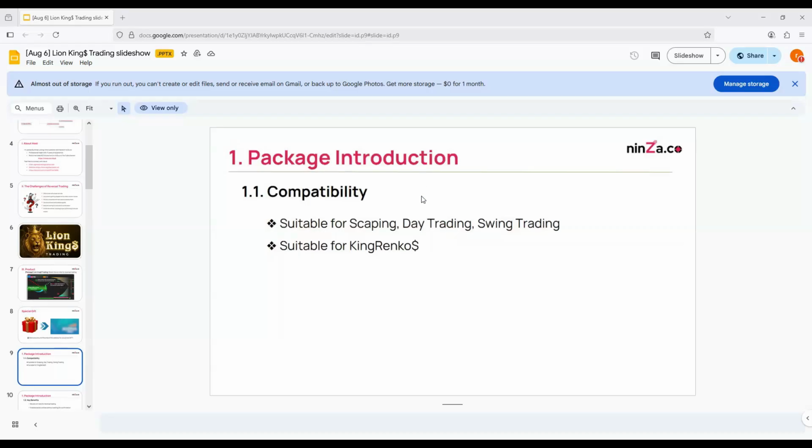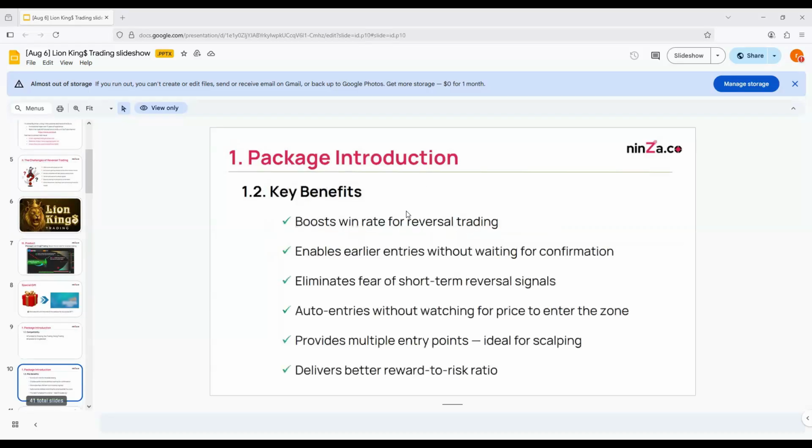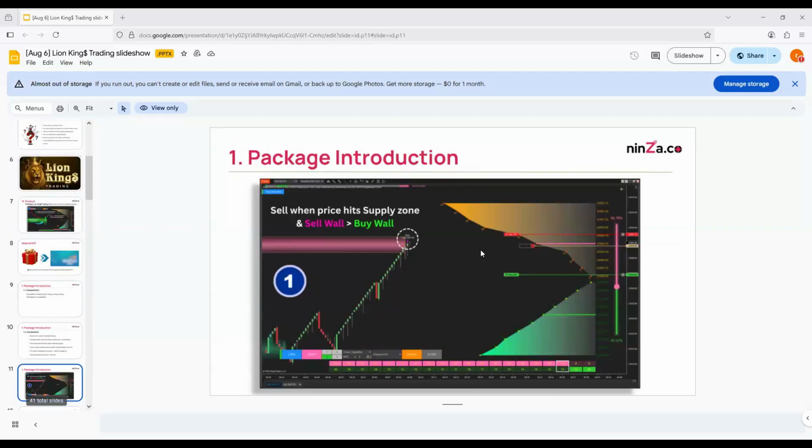Again, using the King Renko bar, I believe it's for scalping, and the template I chose is a scalping template. It's something we spoke about, and I'm going to show you.